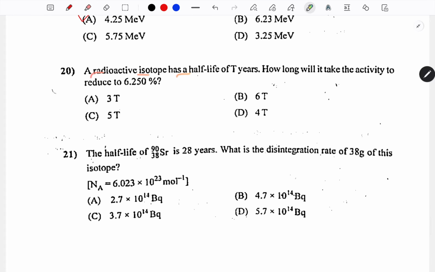A radioactive isotope has half-life T years. How long will it take for the activity to reduce to 0.06? Okay, this question is from the omitted syllabus because half-life is not in our syllabus.